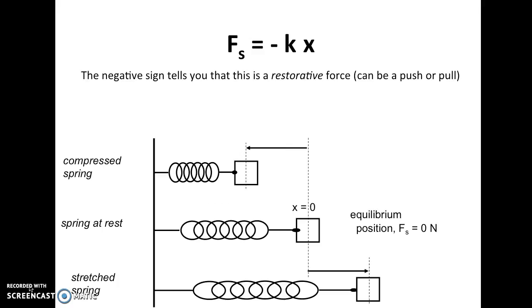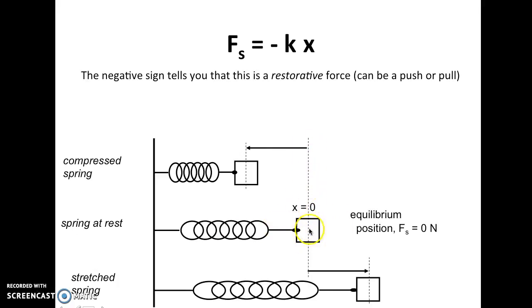because that's kind of an interesting feature of springs and elastic materials. So that negative sign, it doesn't always show up when we calculate it, but if we look at this example, I think it can tell you a lot of information. So first we're looking at the spring at rest. This is just your normal spring sitting there, no forces are applied to it, and this spring has a box on the end of it.